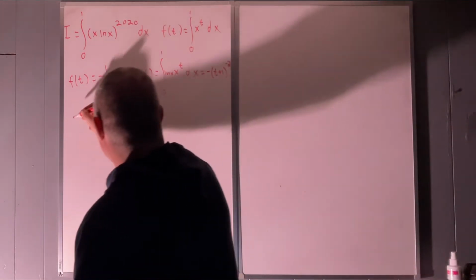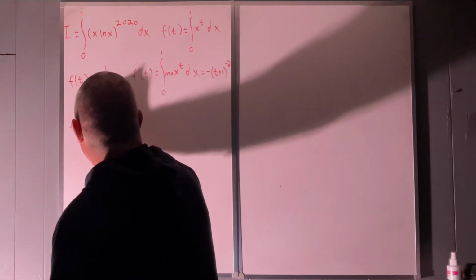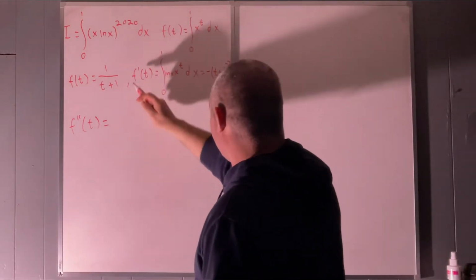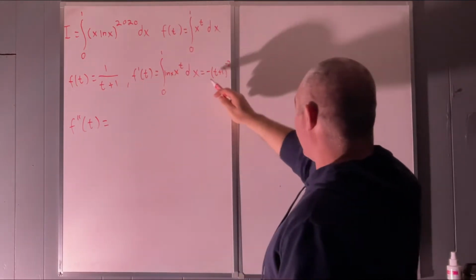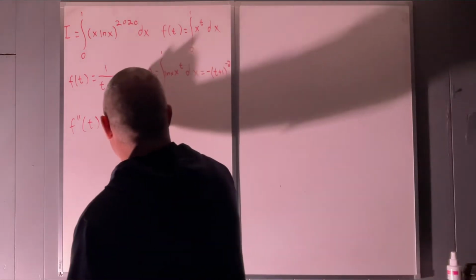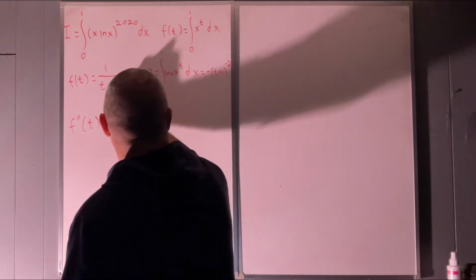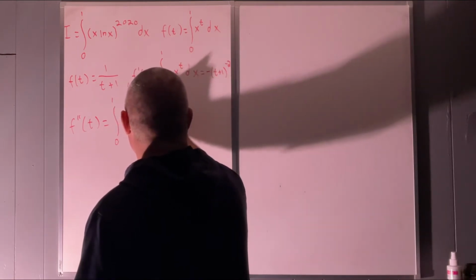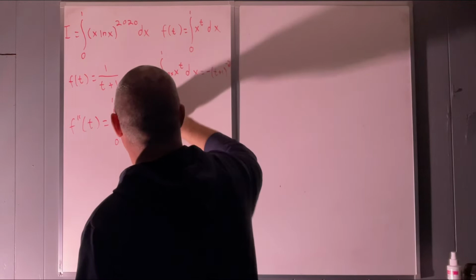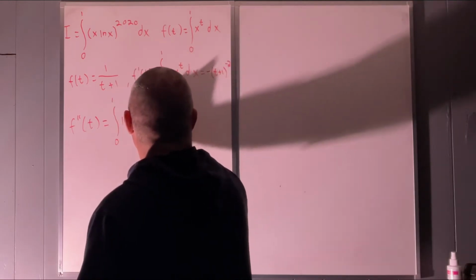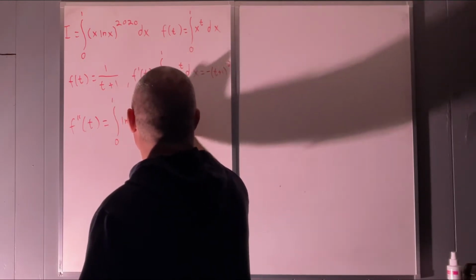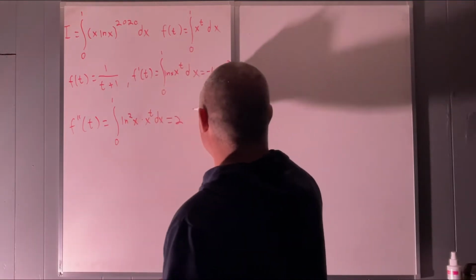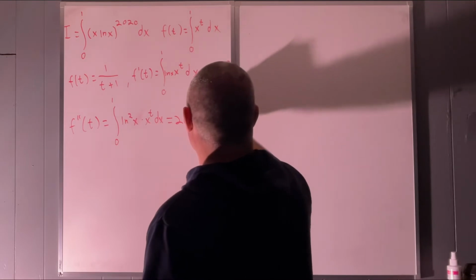All right, so f double prime of t would be equal to the derivative of this part with respect to t, and also the derivative of this part with respect to t. So it's the integral from 0 to 1 of natural log squared of x times x to the t dx, and that is going to be equal to 2 times (t plus 1) to the negative 3.